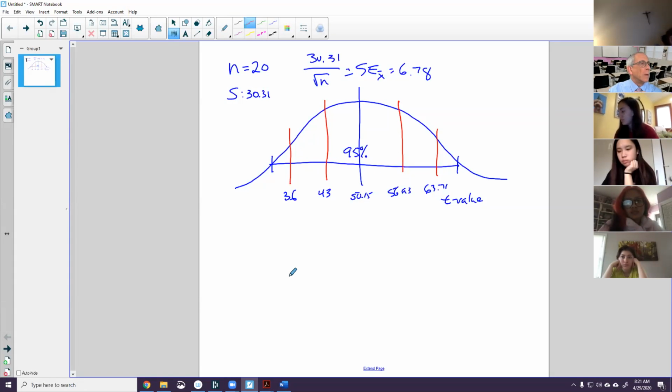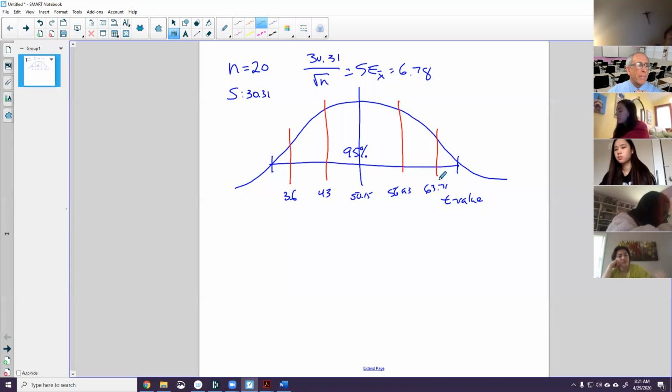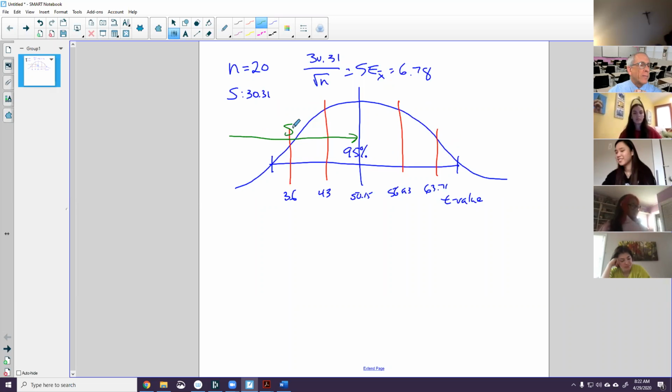So Ariel was correct in saying that for the 95th percentile, I go from here to the middle, and it's 50%, and then here to the other end of the 95 percentile is 47.5%.